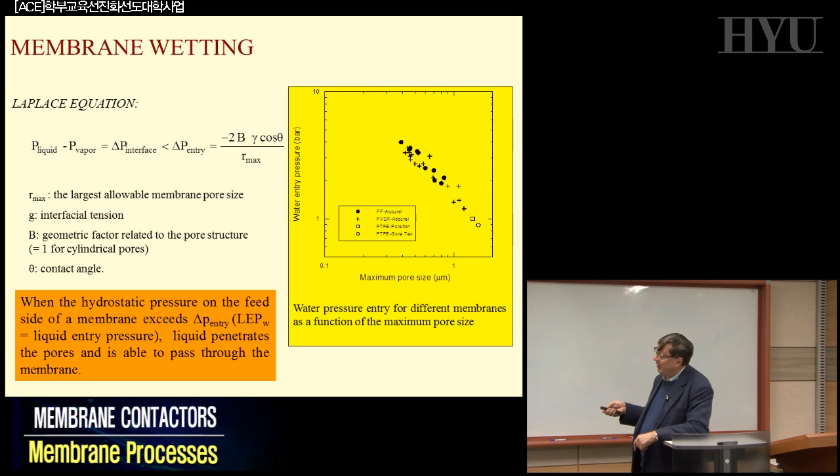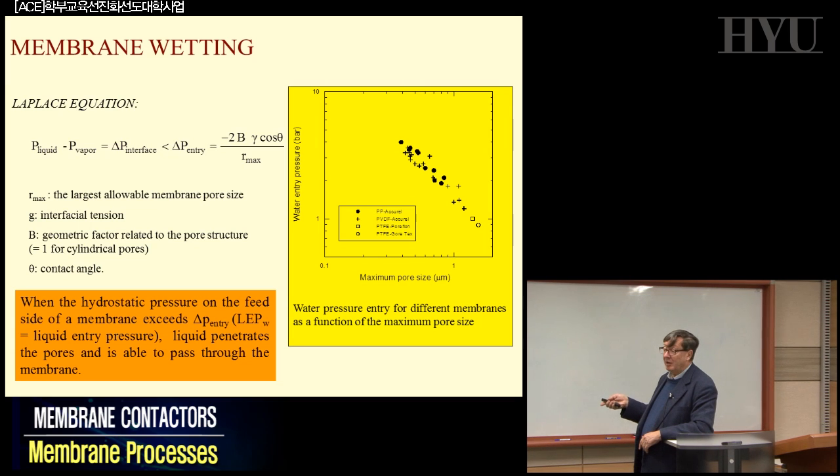So the possibility to have only vapor going across is related for sure to the cosine theta and to the gamma, but is also related to the size of the pore. And as I was mentioning before, that is a typical relationship. You can see here the vapor entry pressure as a function of the size of the pore. If the size of the pore is 1 or 2 microns, these values become very, very small.